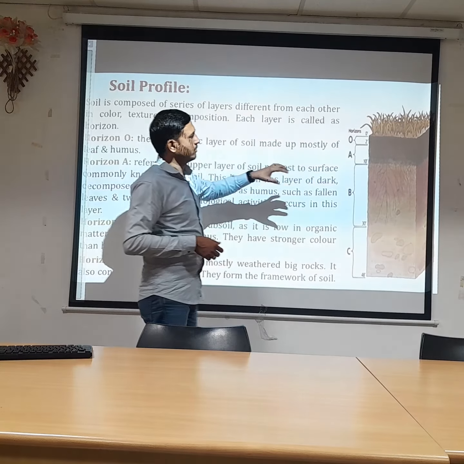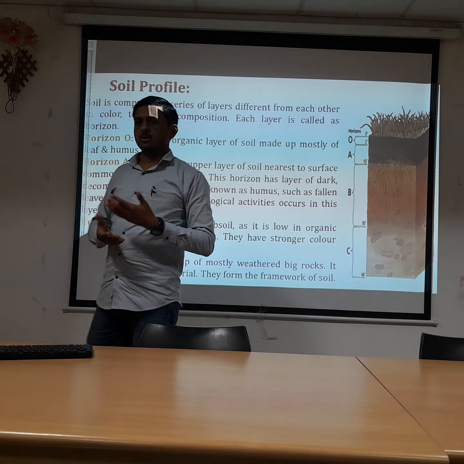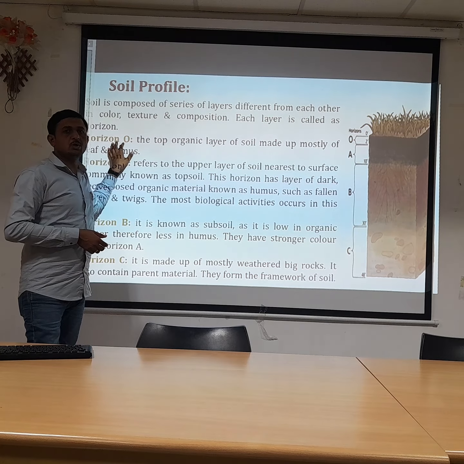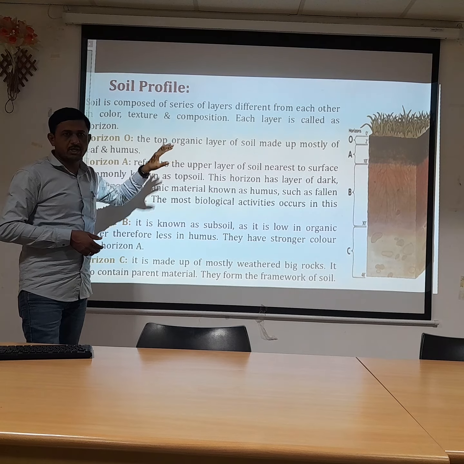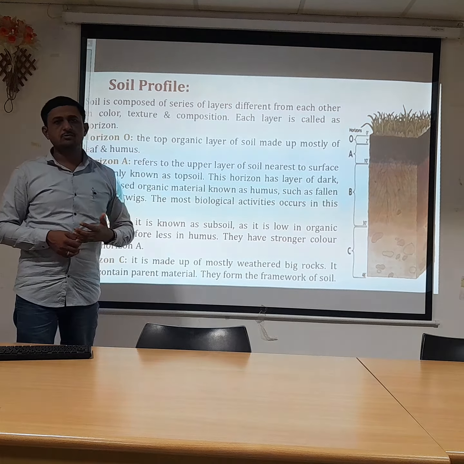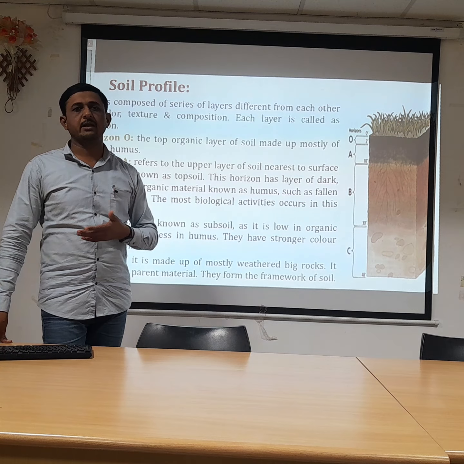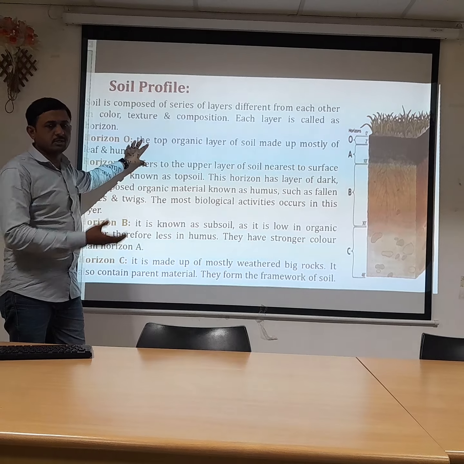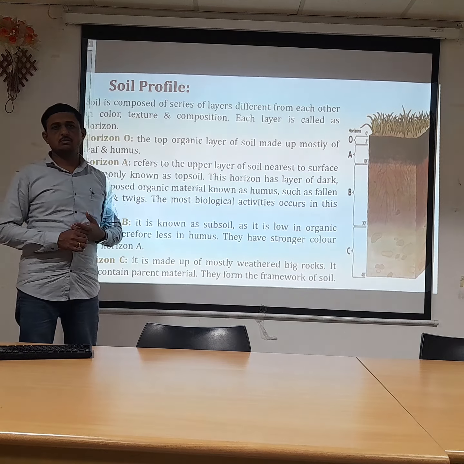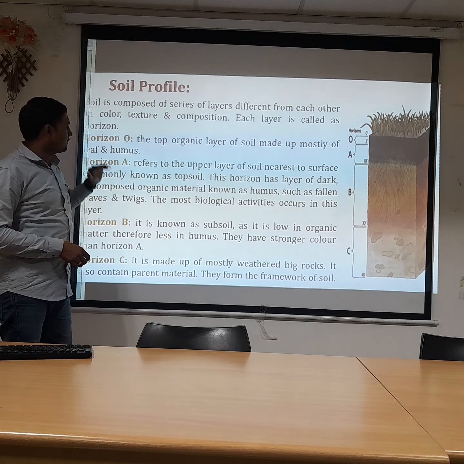Most of the activity happens on the upper surface of the soil, and this surface is called horizon O. It is rich in organic matter, as most of the leaves and dead plants or animals are decomposed on the surface of the soil.